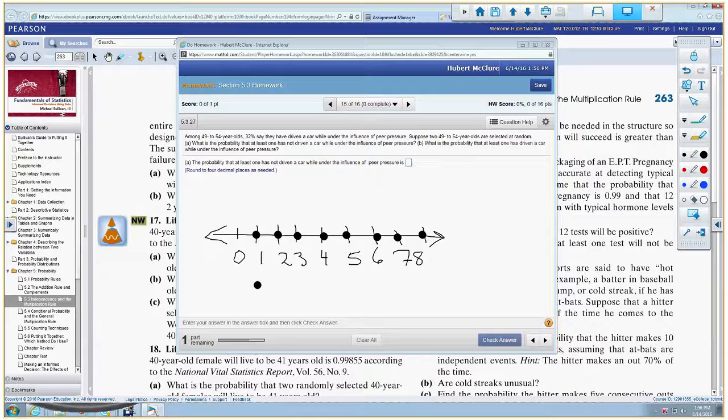And the complement tells you there's a way that you can use the complement to help you out. Complement. Now, a lot of you, if I ask you what a compliment is, some of you are going to say, you have nice hair, you have a nice dress, you have a nice pair of shoes.